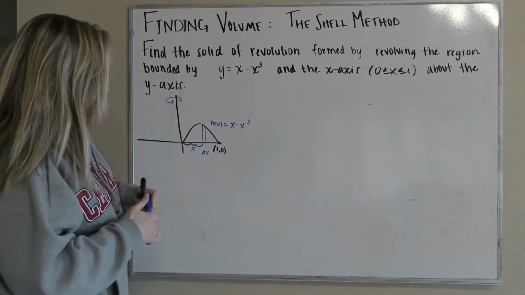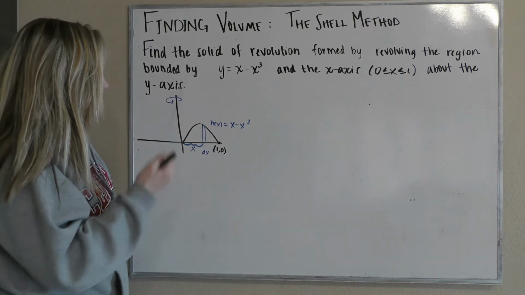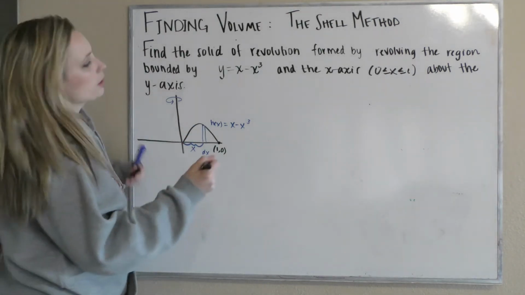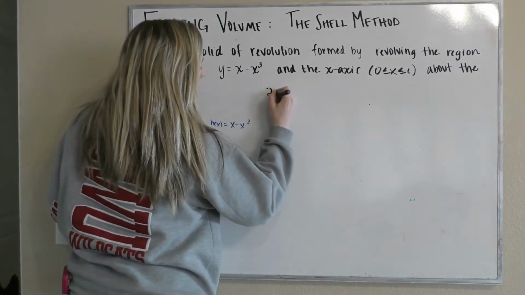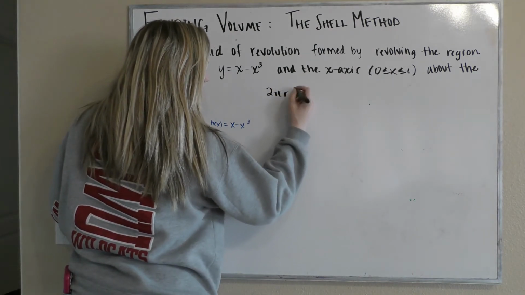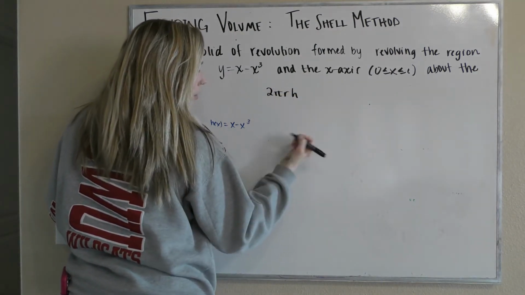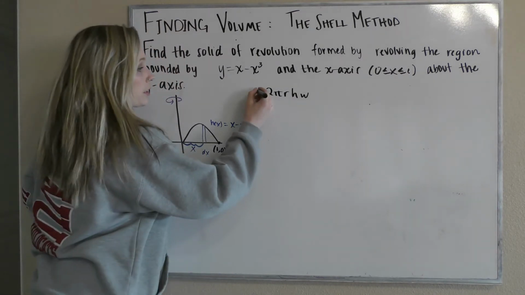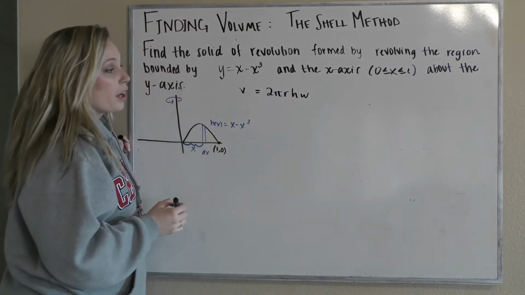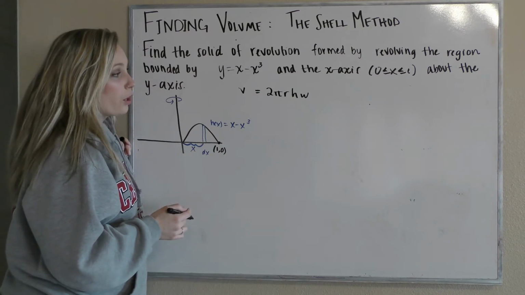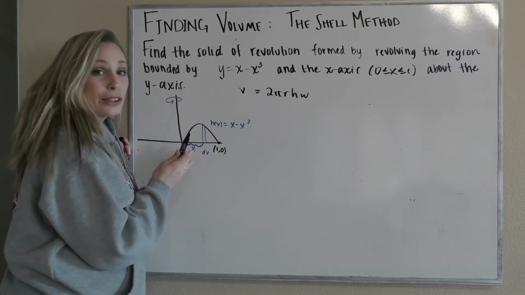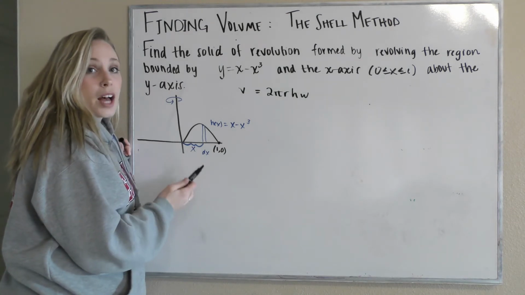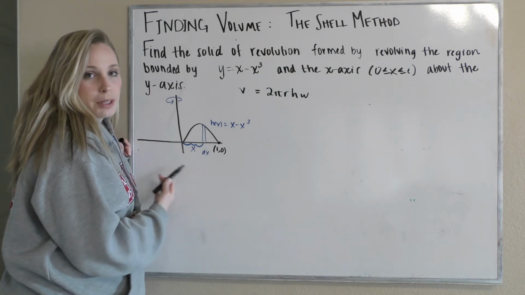So the formula for finding the volume of one of those shells is 2 pi r times h times the width. That's the volume of one shell. If we are trying to figure out the volume of this entire 3D figure, we need to do a sum of all of the shells that we can possibly make.